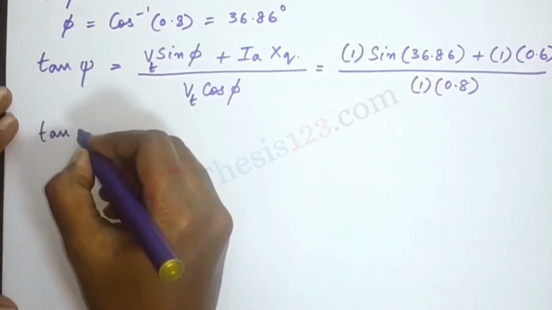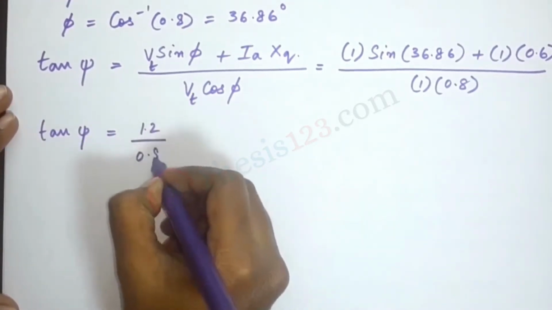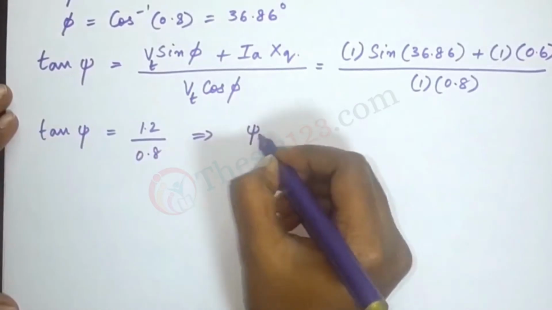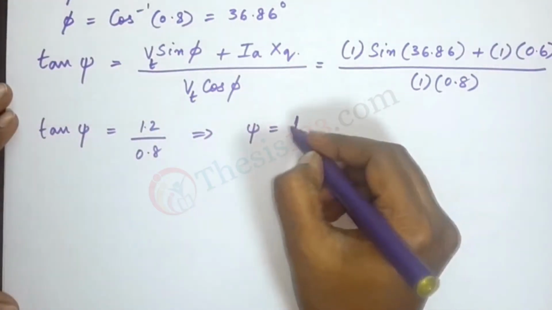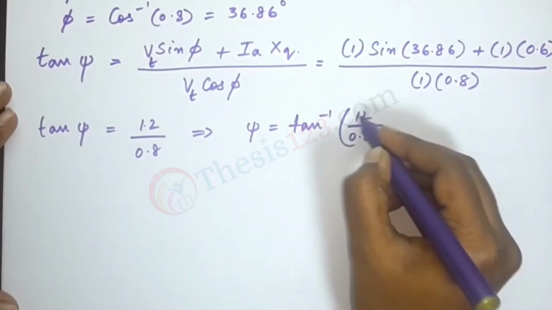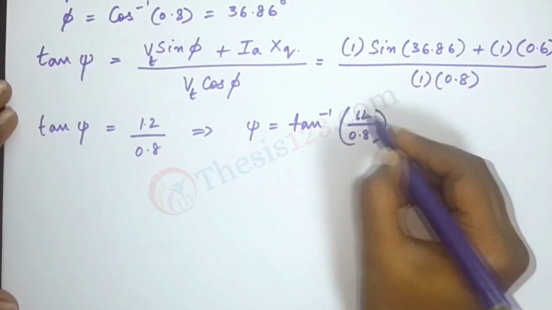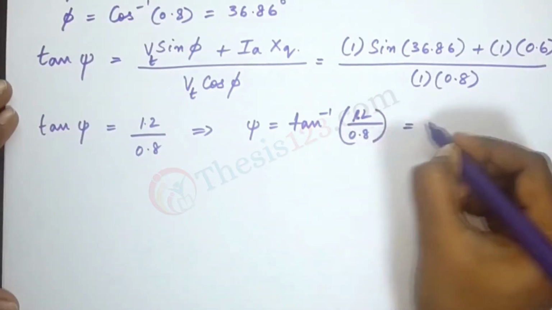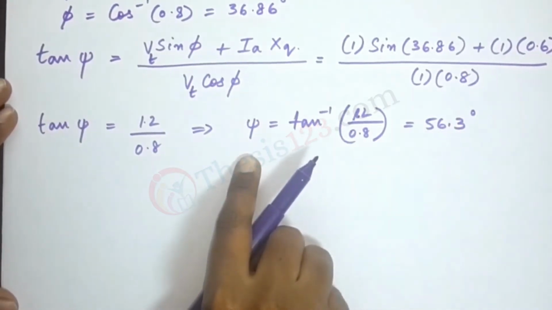So tan psi is 1.2 divided by 0.8, which gives us psi as tan inverse of 1.2 by 0.8. 56.3 degrees is what psi is.